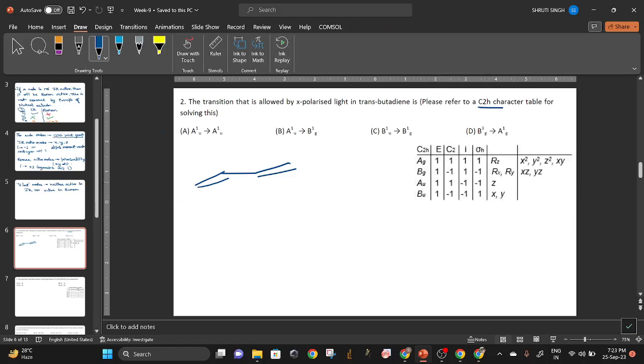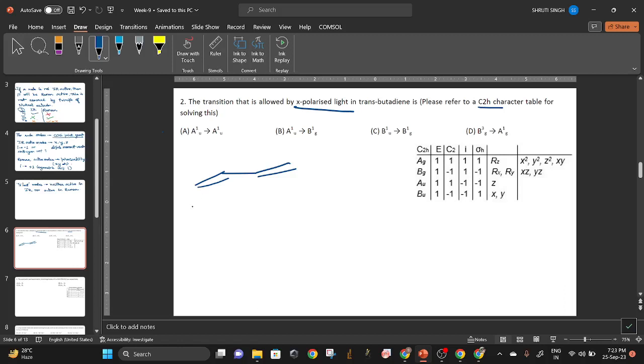Okay, so now we have to see which transition is allowed, and that has to be allowed by X-polarized light. X-polarized light means the one-dimensional basis should contain X term. So let's see from A1u to A1u. Now how do we find this?